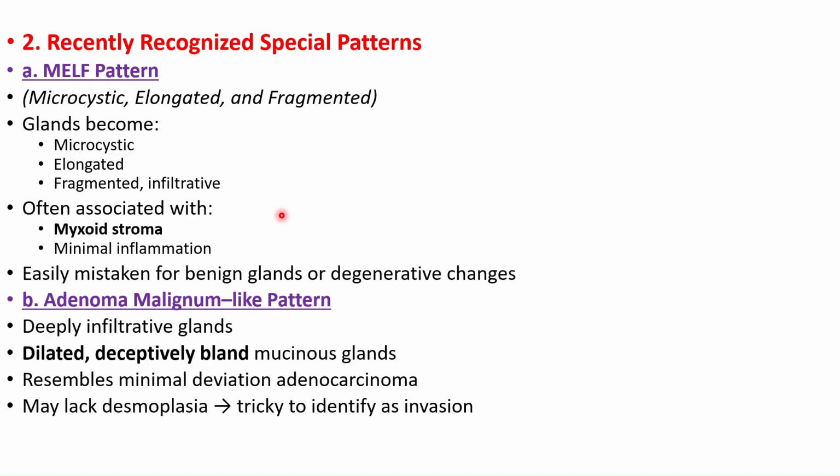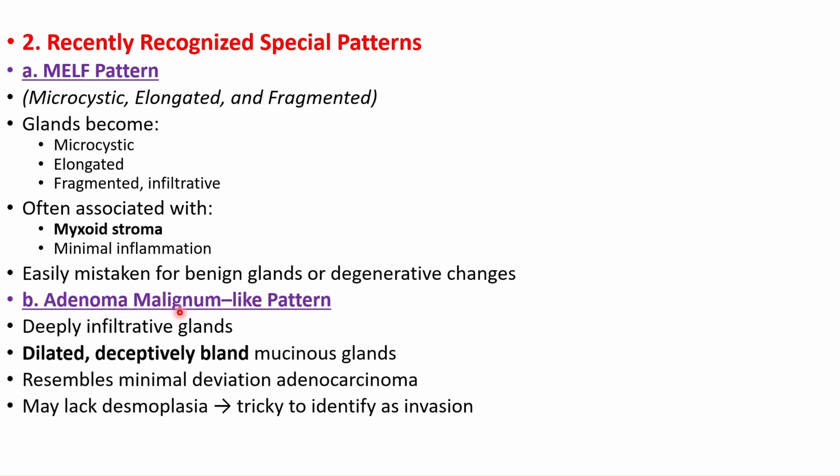Now the newer, recently recognized spatial patterns: one is the MELF pattern, which is microcystic, elongated and fragmented. Here glands become microcystic, elongated, infiltrative and fragmented, associated with myxoid stroma and minimal inflammation. So they are easily mistaken for benign glands or degenerative changes.